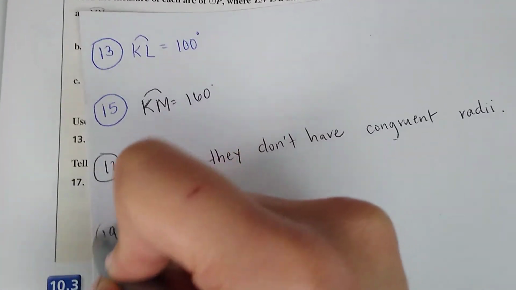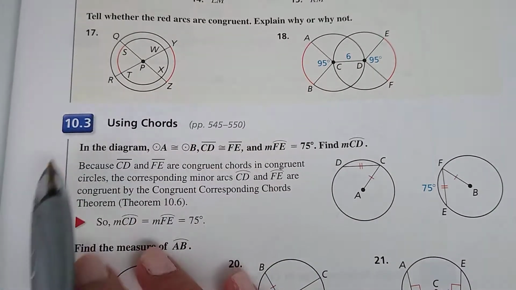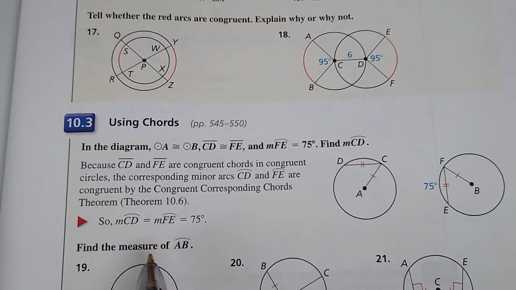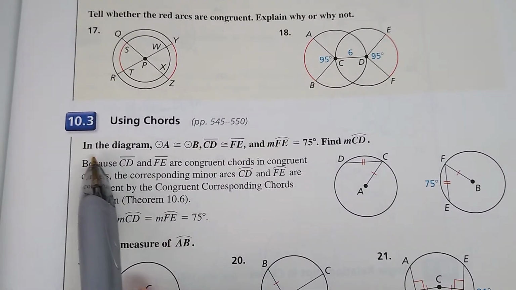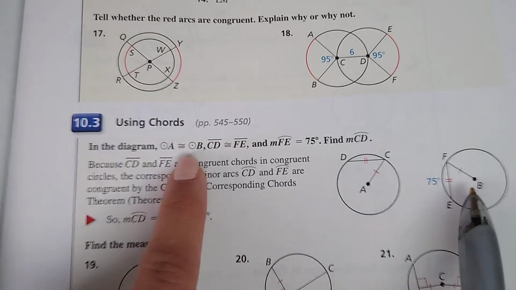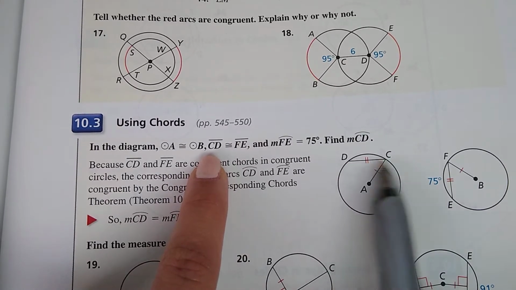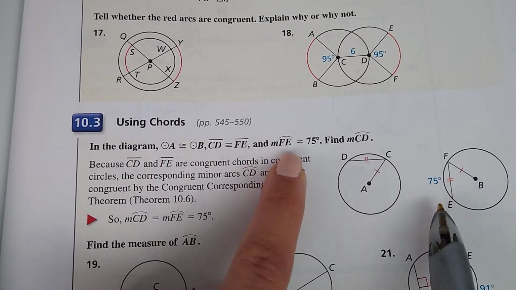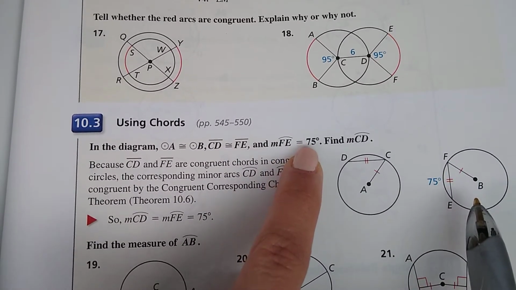So now let's move on to problem 19, which is right over here. This one is going on to 10.3, using chords. Here they gave us a little bit of information. I'm going to read it. In the diagram, circle A is congruent to circle B. CD is congruent to FE, and the measurement of arc FE is equal to 75 degrees.